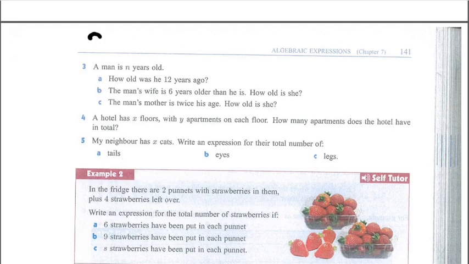How many punnets? 2. How many strawberries did they put in each one in this case? In the first one, it's 6, right? No, they give you a different phrase. So there's 6 in each punnet for the first one, right? Now hold on.